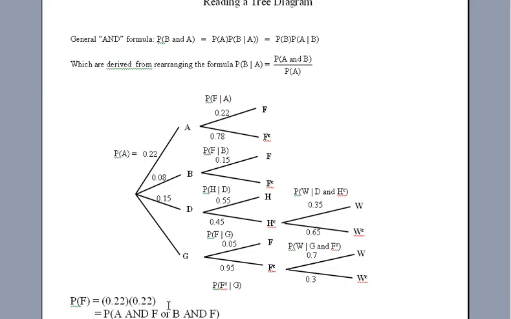Well, again, these paths are disjoint, so I can simply just add the probability of B and F, which is 0.8 times 0.15.